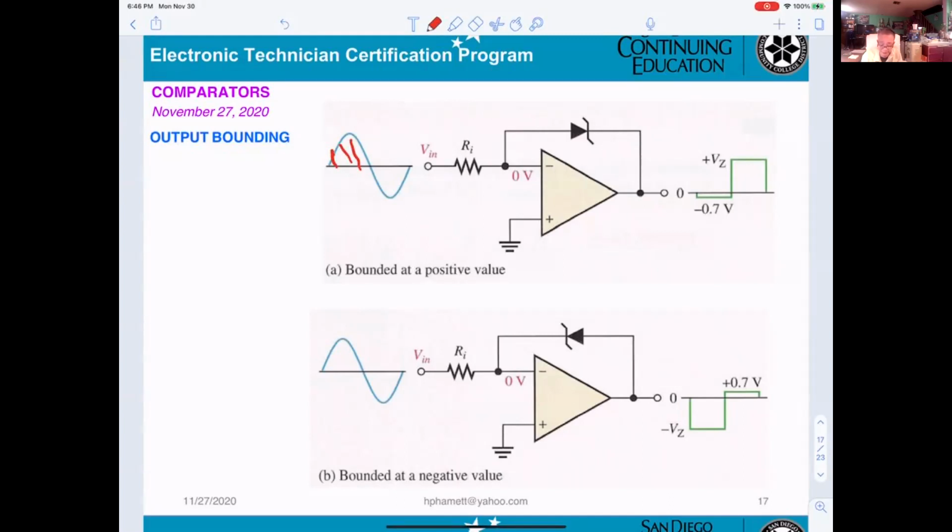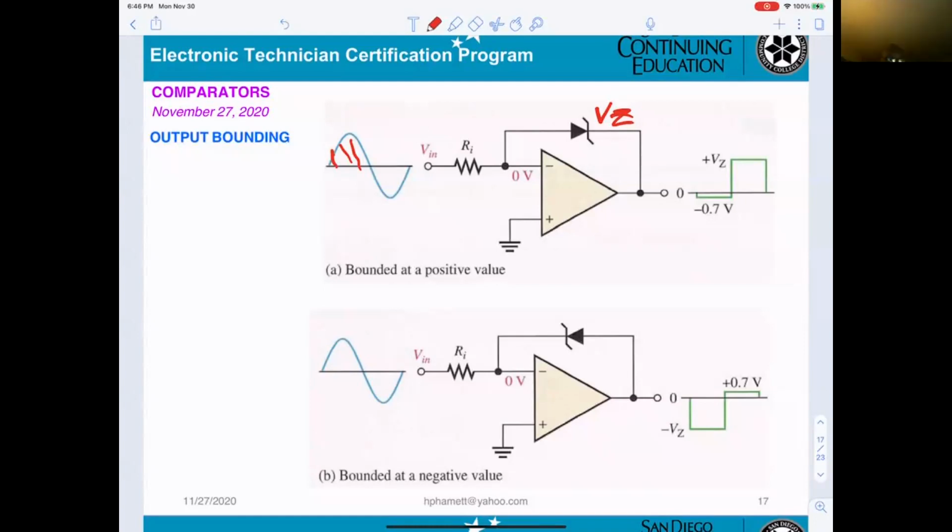And here you get a VZ. Does the Zener break down?